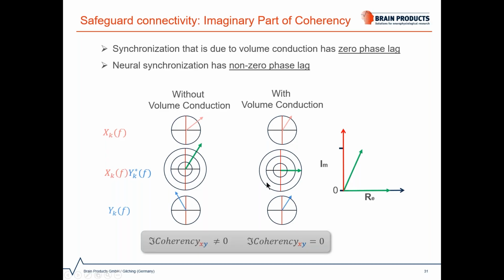Now, if we again look at the representation of this vector in complex space, we can observe that the difference vector that is recorded under volume conduction lies on the real axis here, and the imaginary value corresponding to this vector is zero.